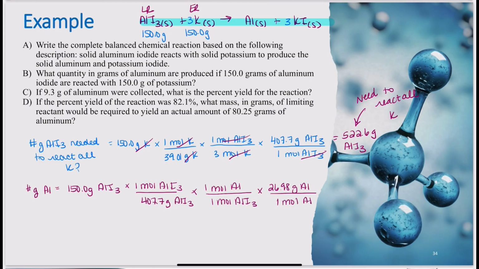And it's always good to check to make sure units cancel. Grams of aluminum iodide, moles of aluminum iodide, and moles of aluminum. So I am in grams of aluminum as I had wished. And I get an answer here of 9.926 grams of aluminum.